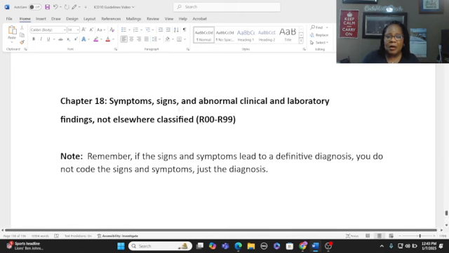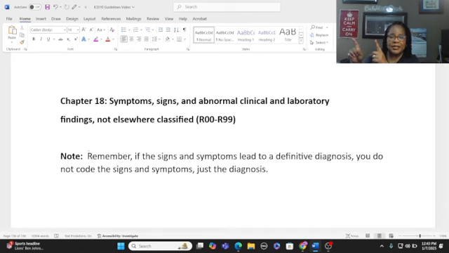These codes can be found between R00 through R99. And I just made a note that says, remember, if the signs and symptoms lead to a definitive diagnosis, then you do not code the signs and symptoms, just the definitive diagnosis.